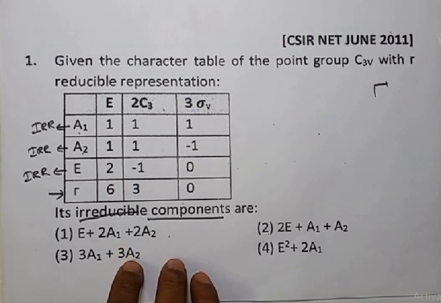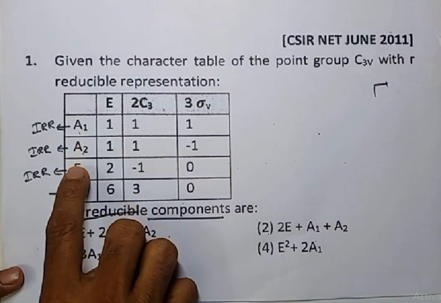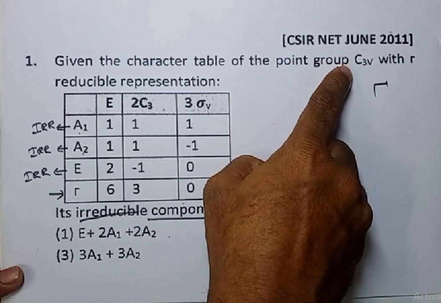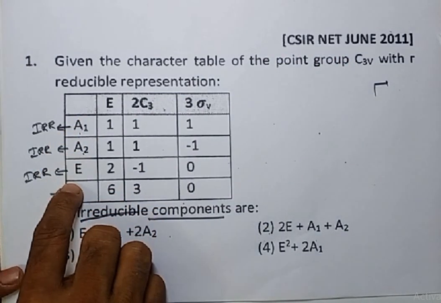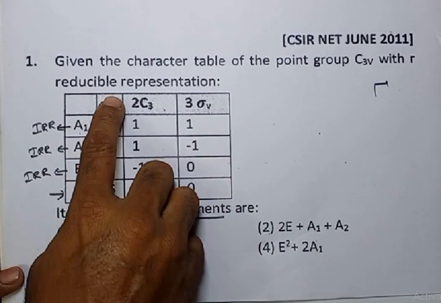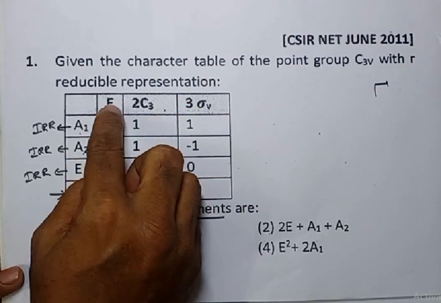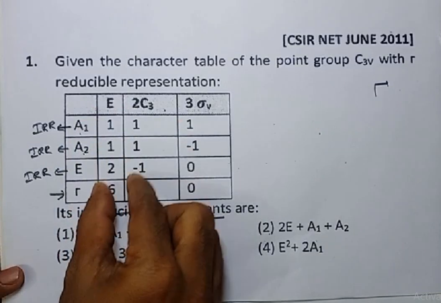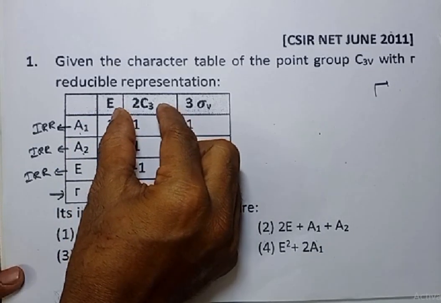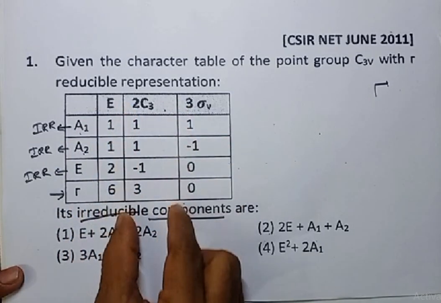In this question, 3 irreducible representations are there. In the C3v point group, there are 3 irreducible representations. Listen, this is class 1, this is class 2, this is class 3. So we have 3 classes. The identity operation forms 1 class. 2C3, that is C3 and C3 squared, form 1 class.